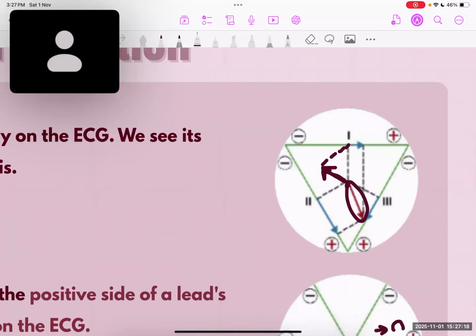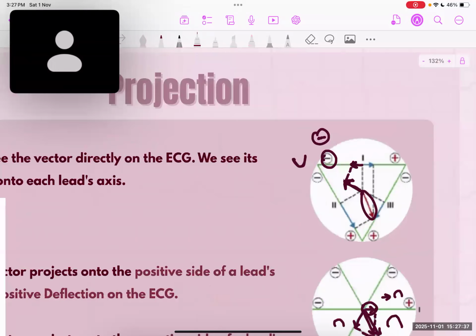You join it here, and the arrow is going to point towards the negative. If it points towards the negative, you're going to have a negative deflection, which means a downward wave on your ECG. Does that make sense?